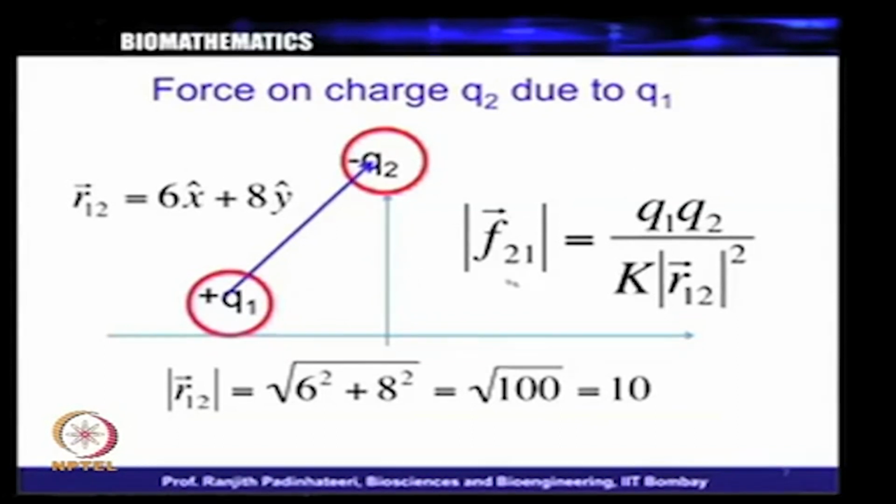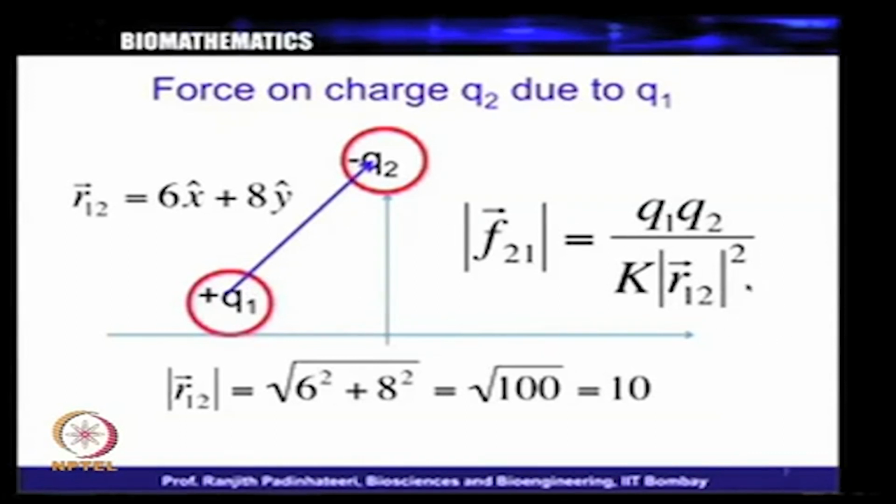The magnitude of the force F21 is Q1 Q2 by k r square. This is Coulomb's law. Here k is a constant which is 4 pi epsilon 0 epsilon r, and R12 square is the distance square between these two charges.